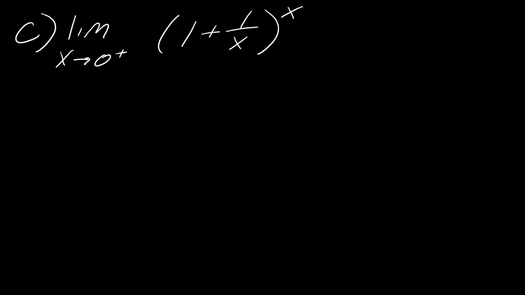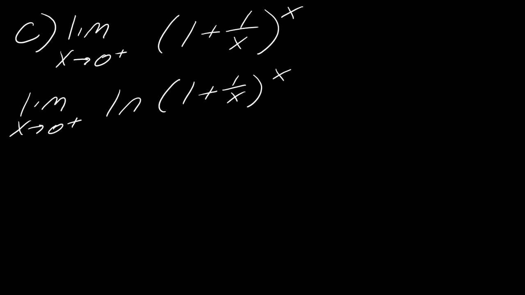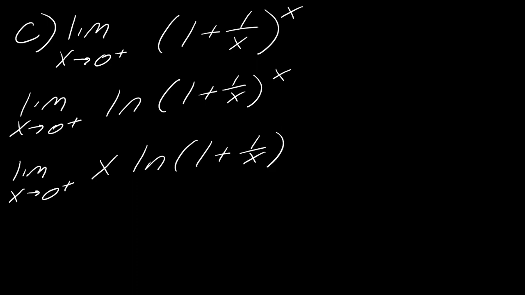And if I try to take the limit as x approaches 0 from the right of the natural log of 1 plus 1 over x to the x, I'm going to jump right into it because I know exactly what I have to do. Now I can say the limit as x approaches 0 on the right of x times the natural log of 1 plus 1 over x.